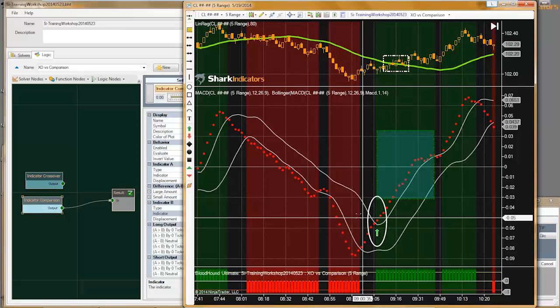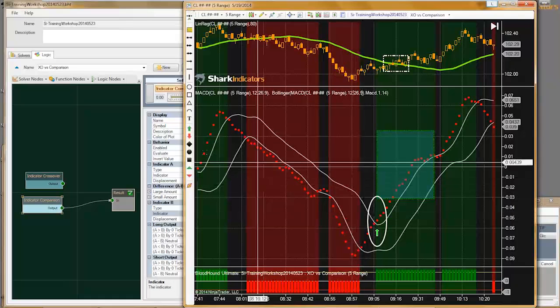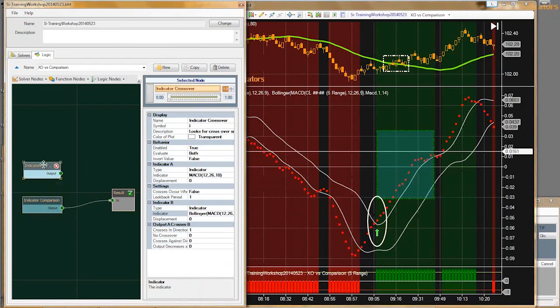So it's kind of a little advanced way to take this signal. And let's see, how about if I name my solvers here? Right, so this is the MACD to the upper band.